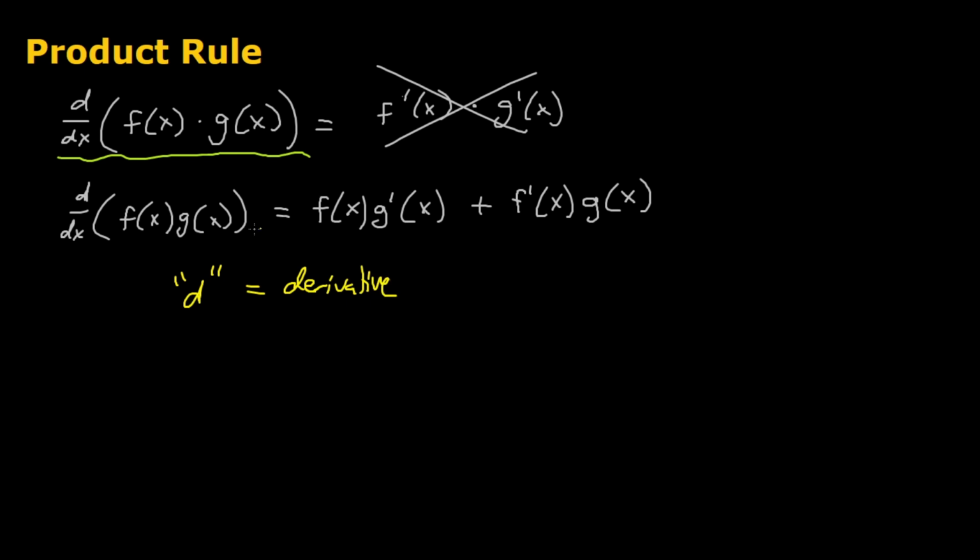So if we apply it to this, f of x is our first, g of x would be our second. So first times d second plus our second, which is g of x, times d first, which is f prime of x. So first d second plus second d first.